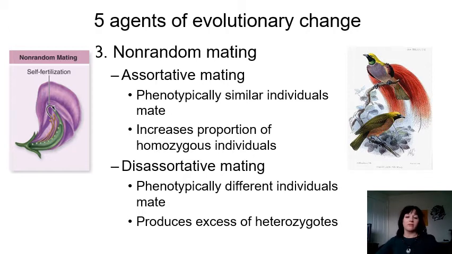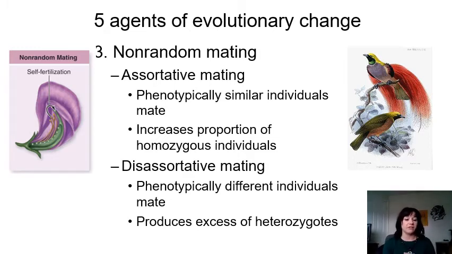So a male and a female that look more alike, maybe for some reason that is attractive, and so they mate more frequently. What this is going to do to a population is increase the proportion of homozygous individuals. Right? We're reducing the variety because only like individuals are mating with each other.